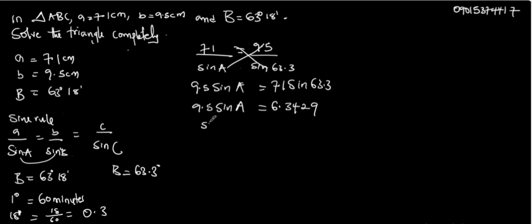To get our sine A, we'll divide both sides by 9.5.